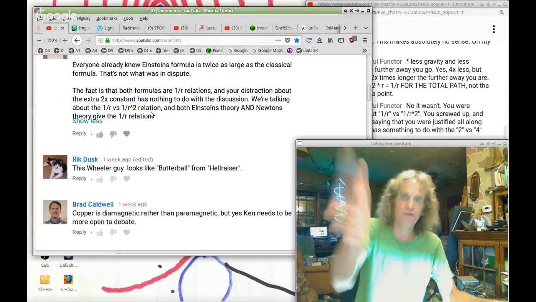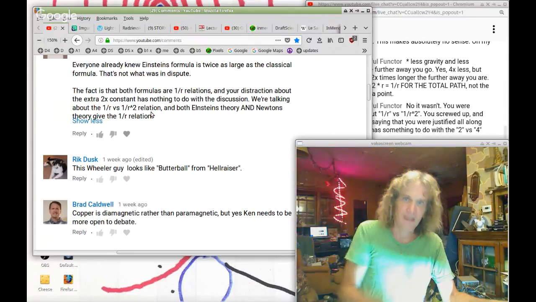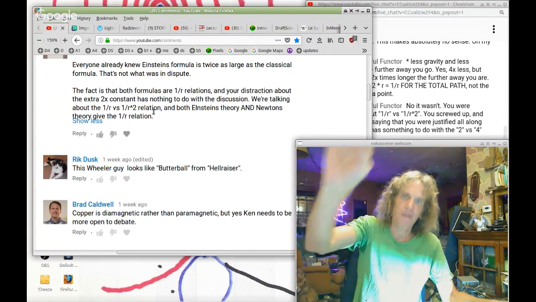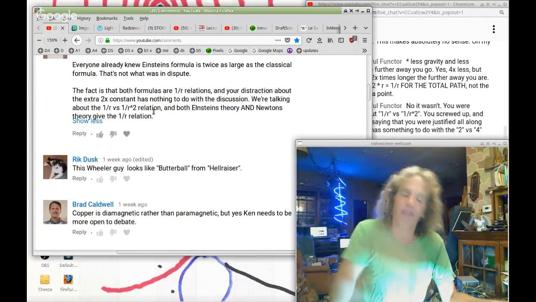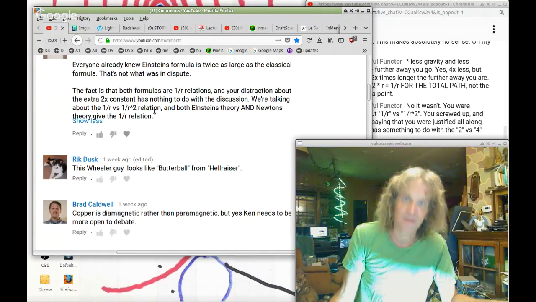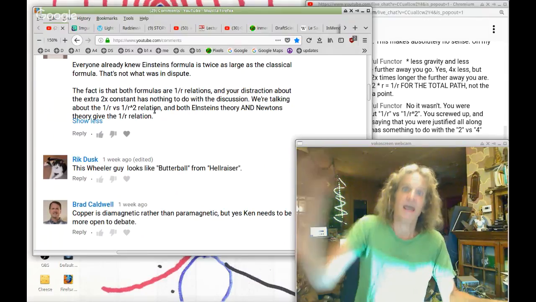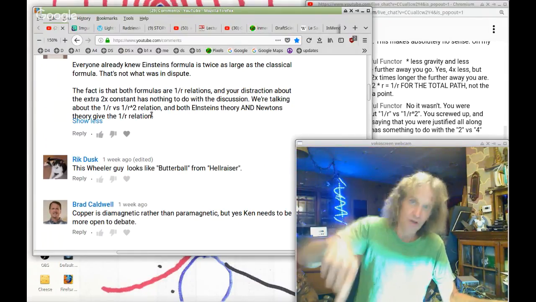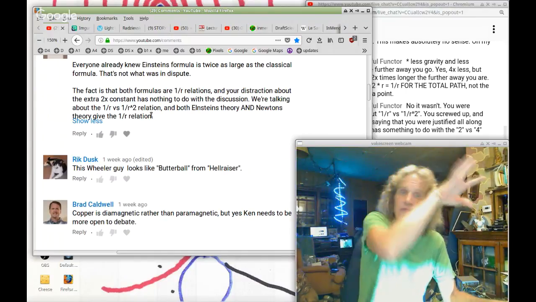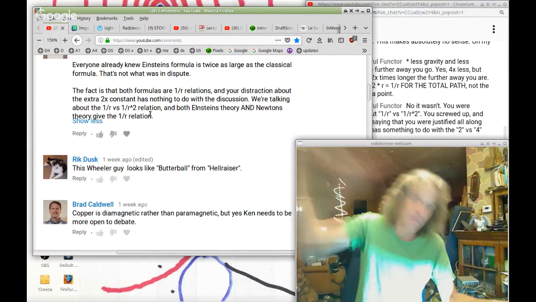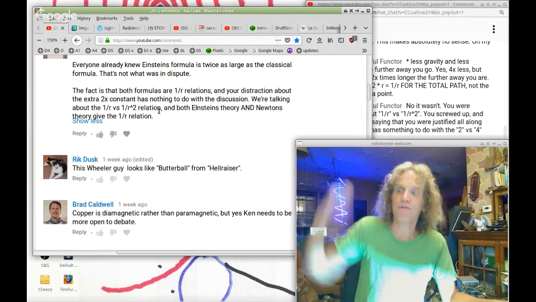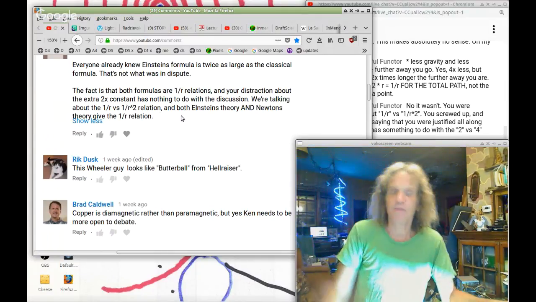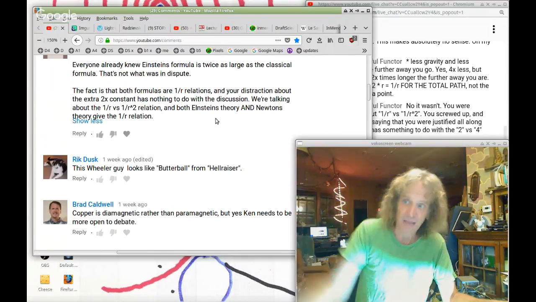Clearly, the 2 versus the 4 is the same as the r versus the r squared. That's the proportional difference in the two formulas. Newton had r squared, Einstein put r. Newton had 2 GM, Einstein says 4 GM. That's the proportional relationship difference. And it's perfectly rational, and I've explained it accurately.